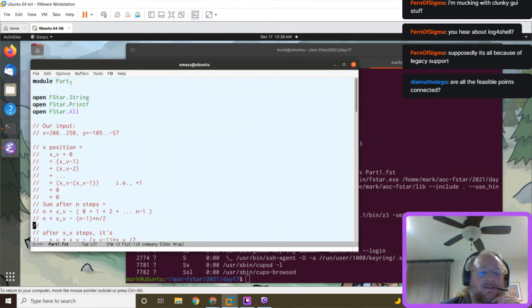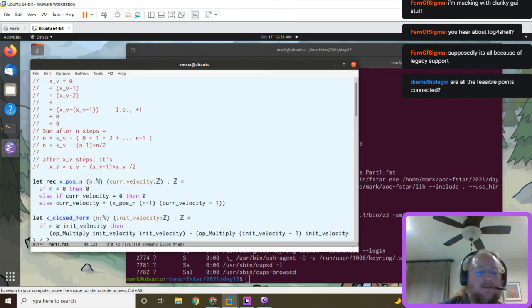So it feels like, okay, so this is the maximum distance we can get for a given initial velocity.